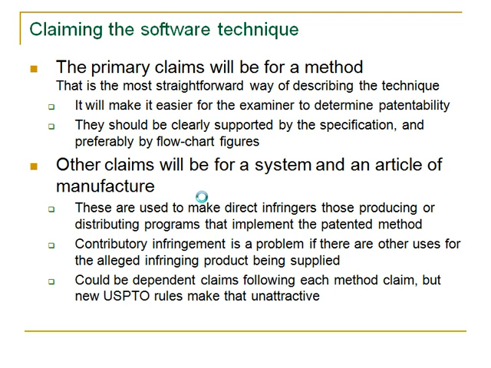Primary claims are independent claims. Primary claims appear first, and dependent claims appear later. Usually one makes reference to the other. Let's see, what other claims can you have? An article of manufacture.